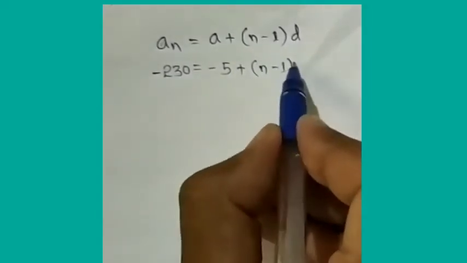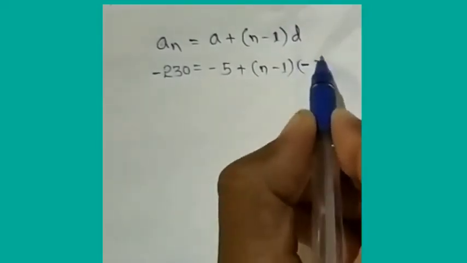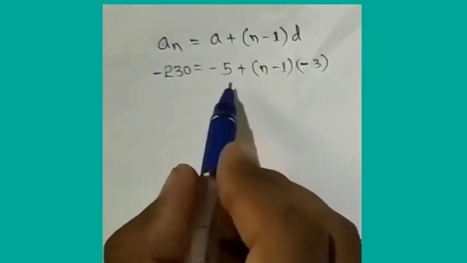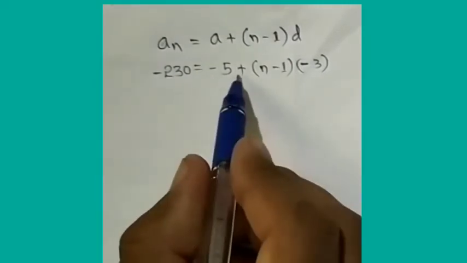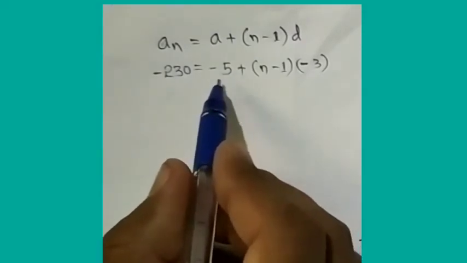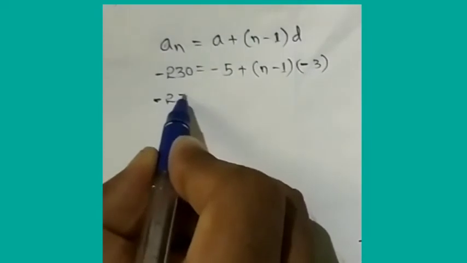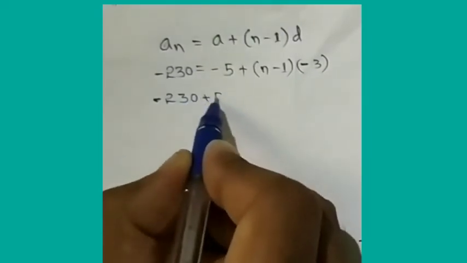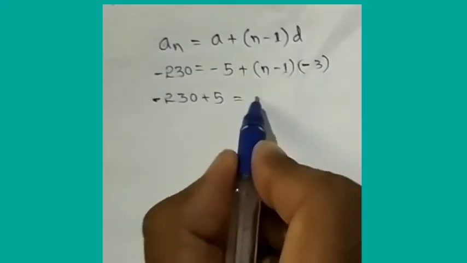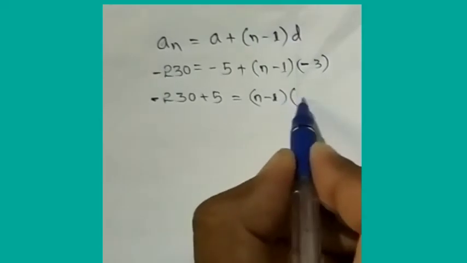What is d? We just got minus 3, so keep it in bracket. Okay, so take minus 5 to this side, because here it is addition, but the sign is minus. If you take minus 5 to the left side, it becomes plus, that is minus 230 plus 5 is equal to, keep this same, n minus 1 in bracket, into minus 3.